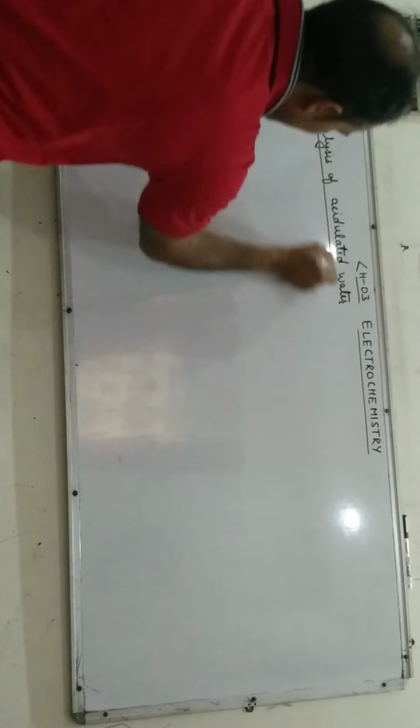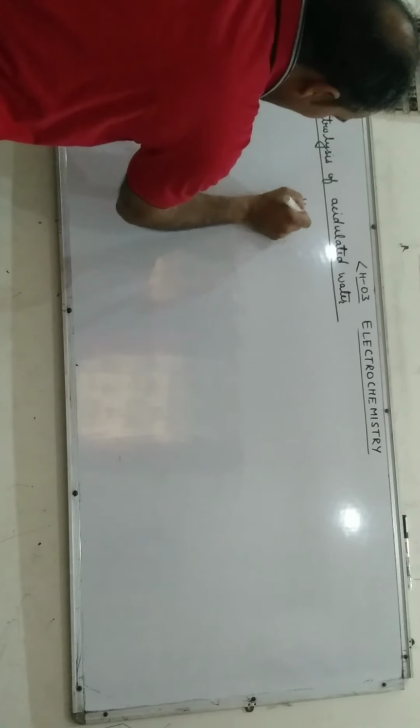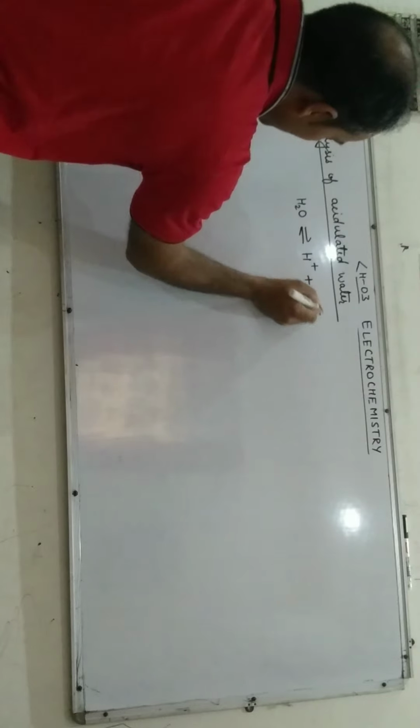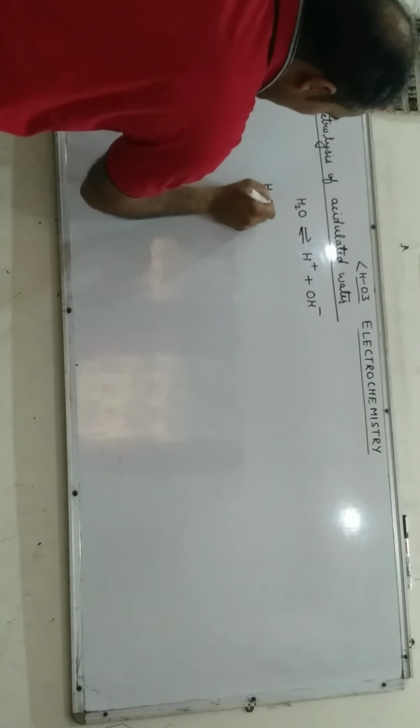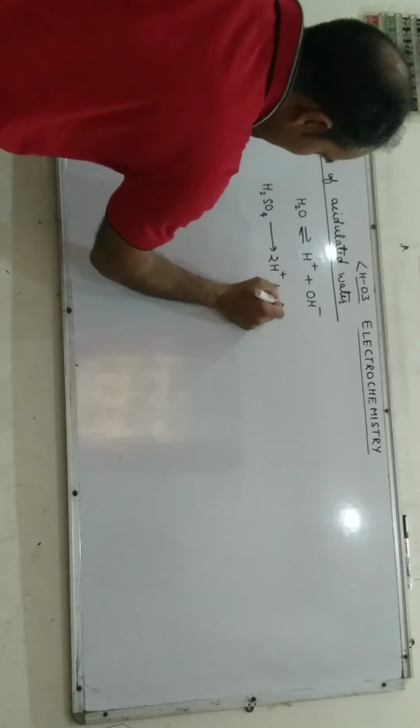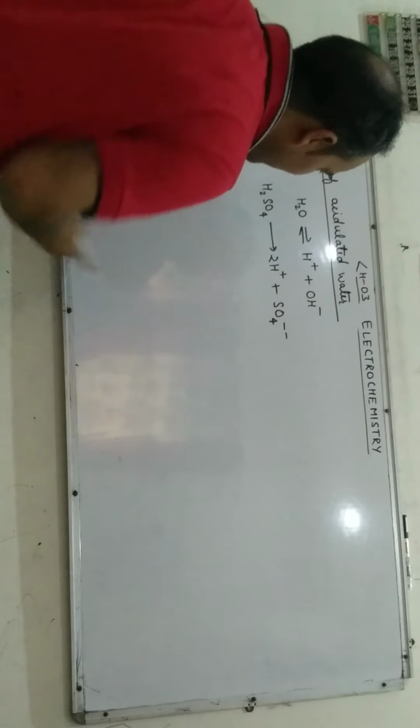Since we know that water ionizes as H positive plus OH negative, and the acid, suppose H2SO4, ionizes as 2H positive plus SO4 double negative.